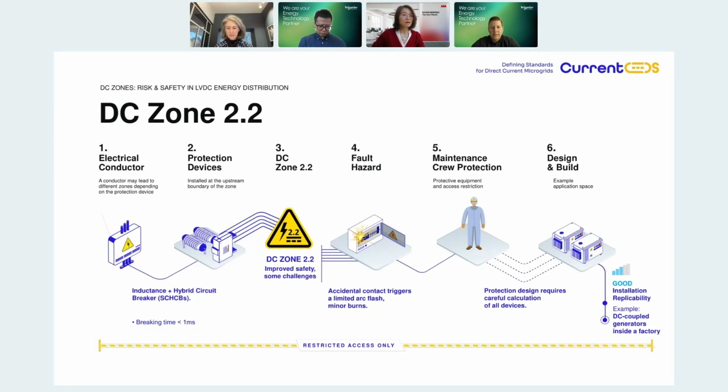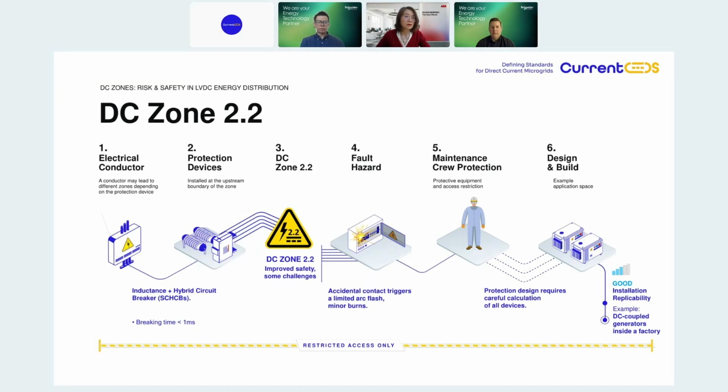In DC zone 2.2, there is even less energy in case of a fault or a short circuit, because there are hybrid circuit breakers. Hybrid circuit breakers have a typical break time of less than 1 millisecond. If there is a fault, there is a small arc, but it's very limited.